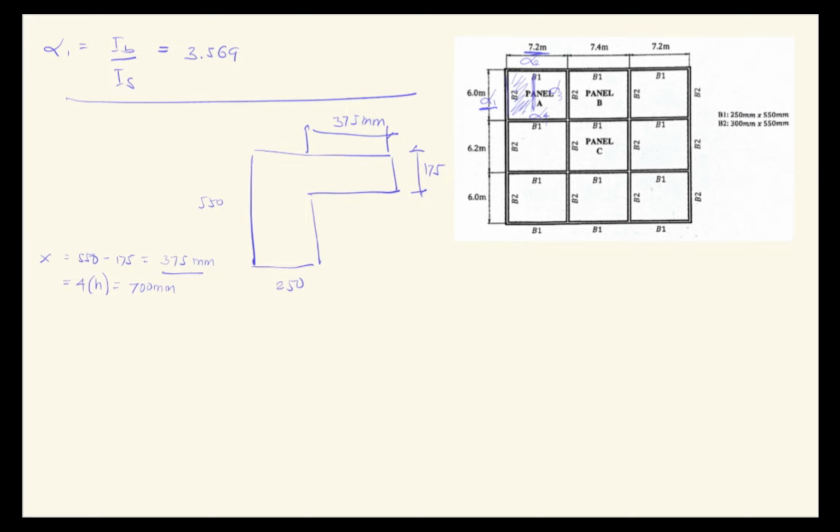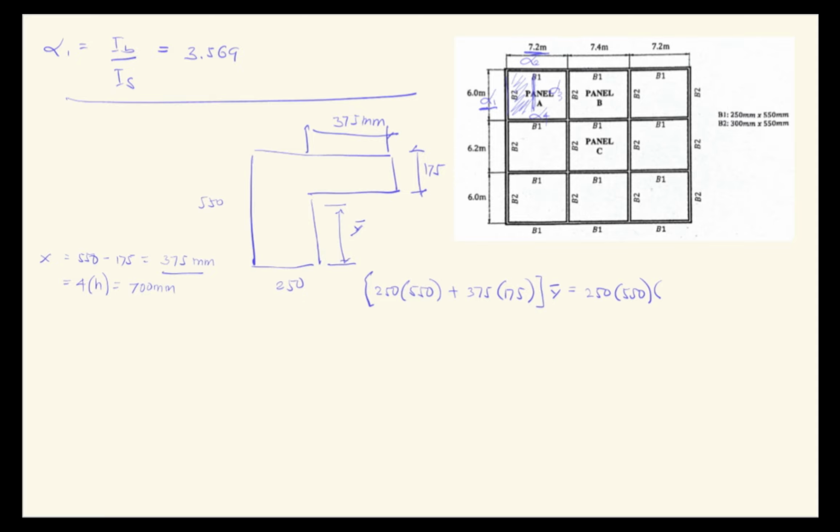We now determine the centroid of this whole cross section. Say our reference is here, and y bar is somewhere here. And so we have the area as 250 by 550 plus 375 by 175, and then y bar equal to 250 by 550.